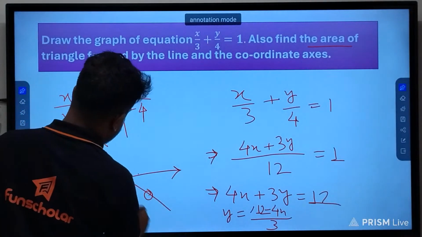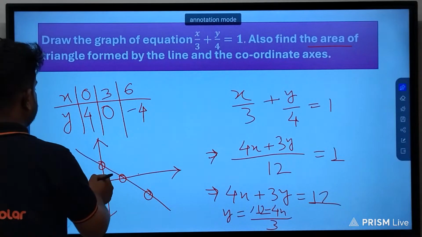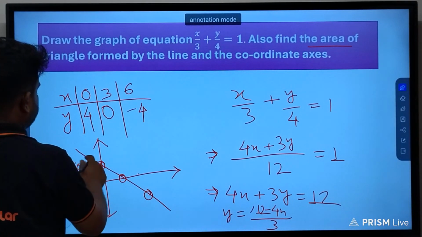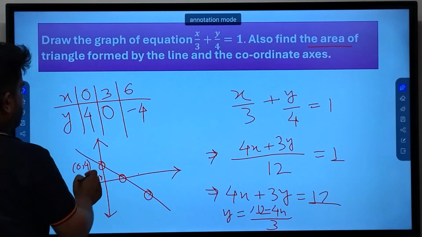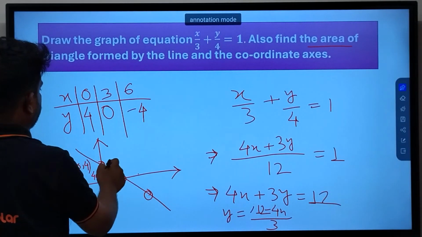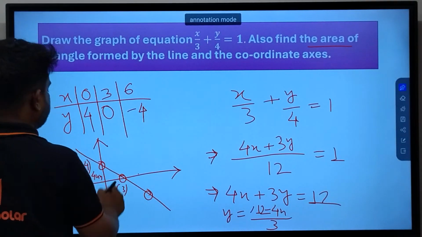This is making a line. Talking about the points, this is representing 0 comma 4, so this one will be 4 units. And this is representing 3 comma 0, so this will be 3 units.